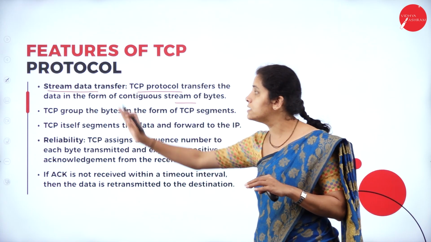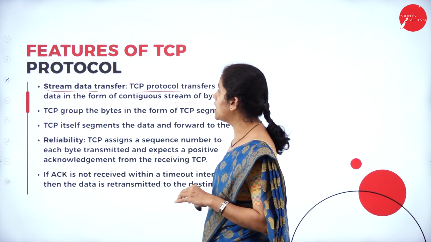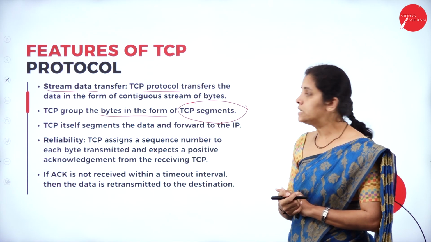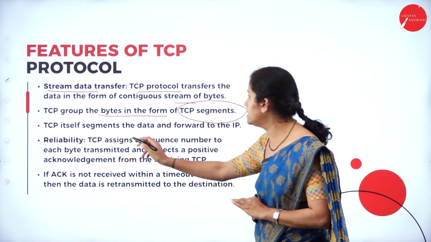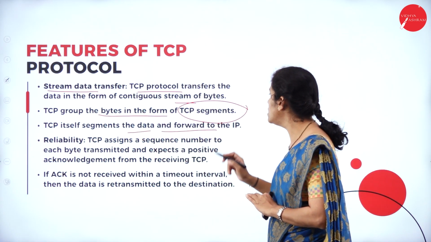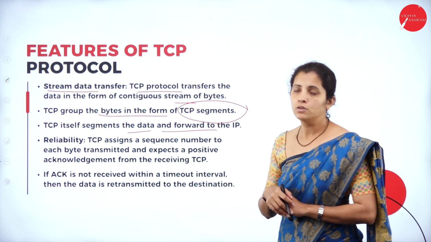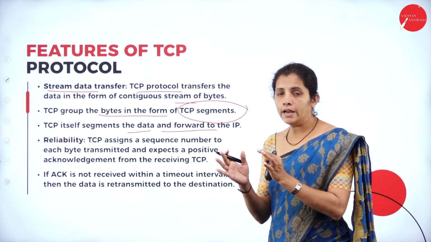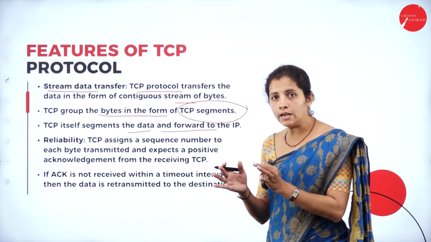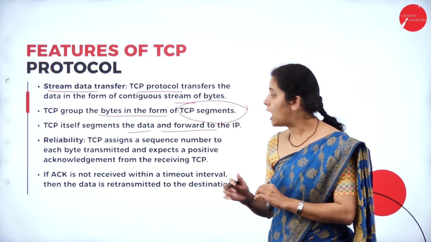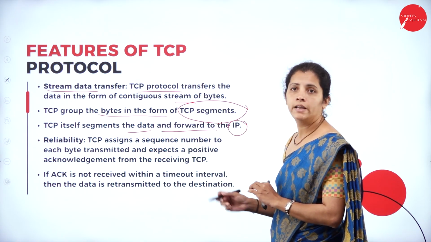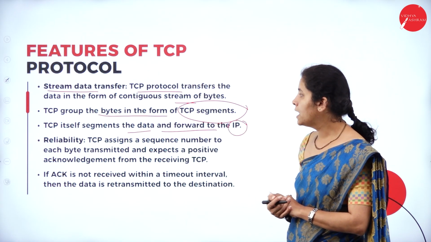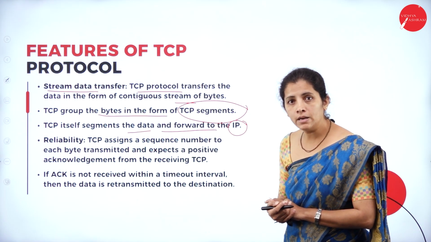For that reason, it is called stream data transfer. TCP itself segments the data and forwards it to the IP. So the job of the TCP is to divide the data into TCP segments and transfer that to IP, that is Internet Protocol.